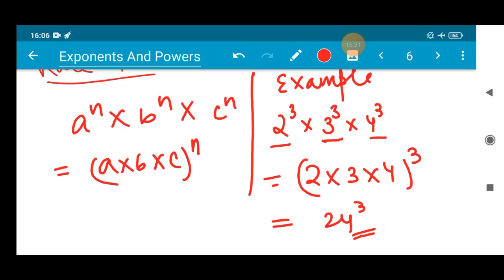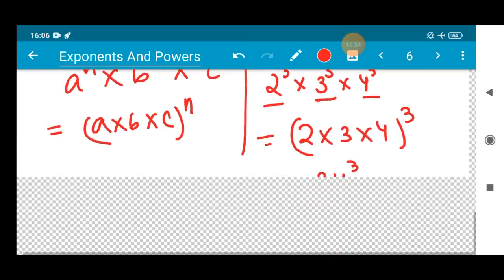Okay, so this is a very simple thing. This is nothing but rule number 4 in exponents.